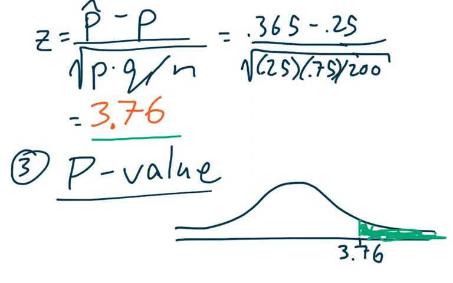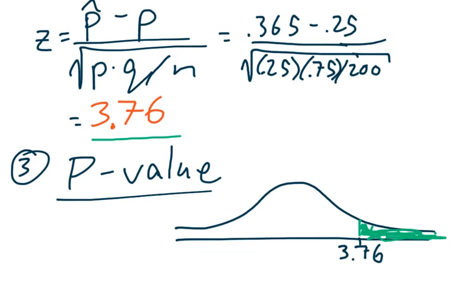You look on the positive side, it only goes up to 3.49. You look on the negative side, it only goes down to negative 3.49. So here's the thing. Some z tables go all the way as far as 3.76. Some go as far as 4.0. Ours only goes to 3.5.